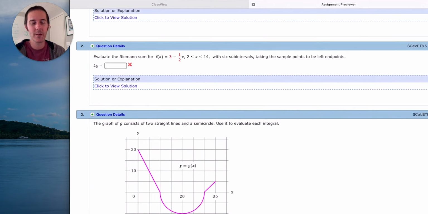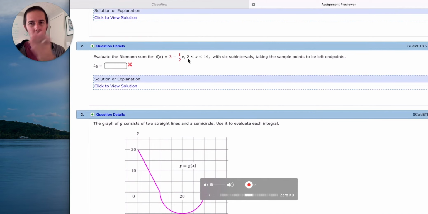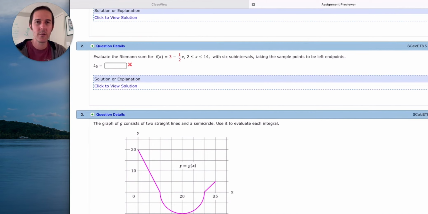Because our first x sub 0 was 2, and delta x is 2, so we move to the right 2 units, and that's our new x-coordinate, which means the y-coordinate is f of 4, and then f of 6, f of 8, f of 10, f of 12. 2, 4, 6, 8, 10, 12, that's 6.